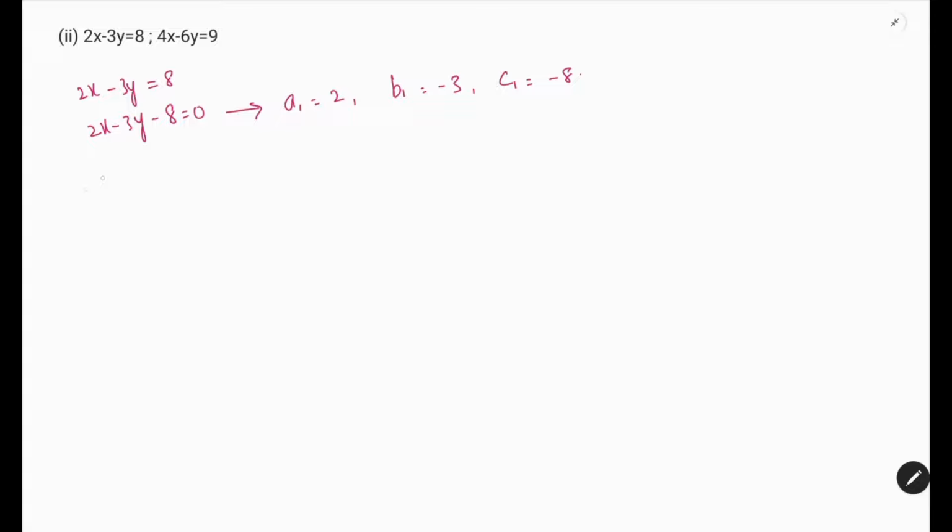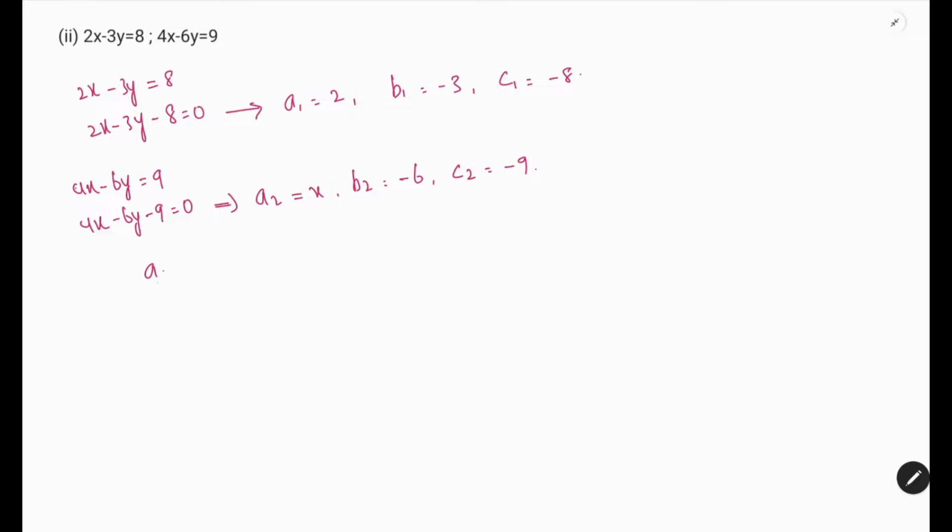Now take the second equation, 4x minus 6y equal to 9. Take 9 to the left side, 4x minus 6y minus 9 equal to 0. Now here a2 is the coefficient of x, b2 is the coefficient of y, c2 is the constant term.